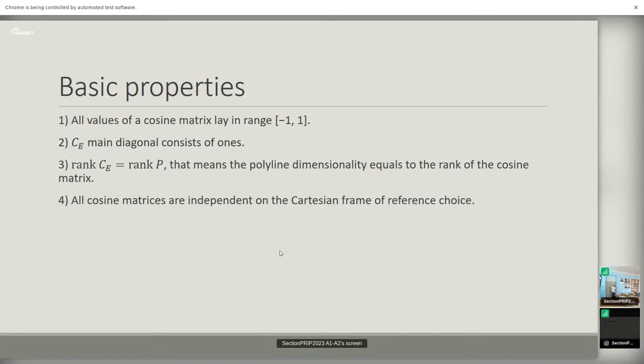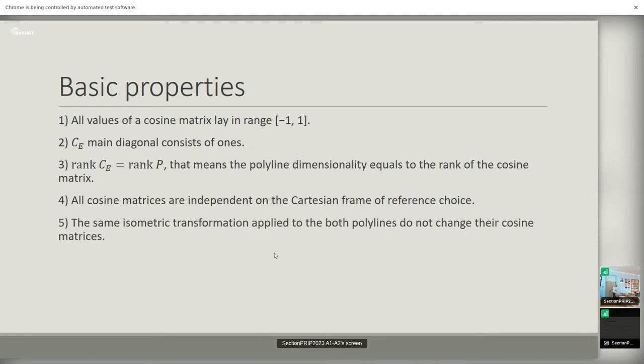Also a very important property is that the rank of the matrix equals the rank of the matrix P. That means that we can get the dimensionality of the polyline just by looking at the matrix. And the matrix is independent of the Cartesian frame of reference. It's the same thing.